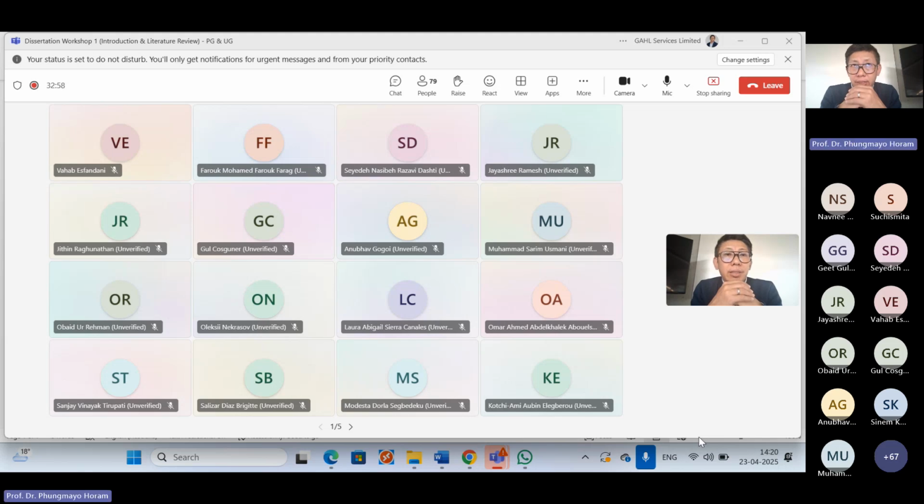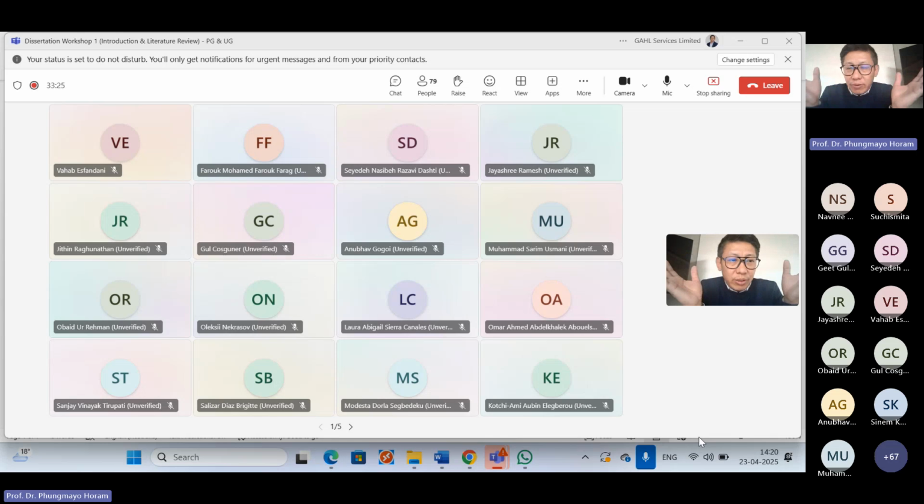In a dissertation, what makes a good title, right? Taking the example of a car, what makes a car? A car has 2 basic components. One is the engine and the other is the body, right?